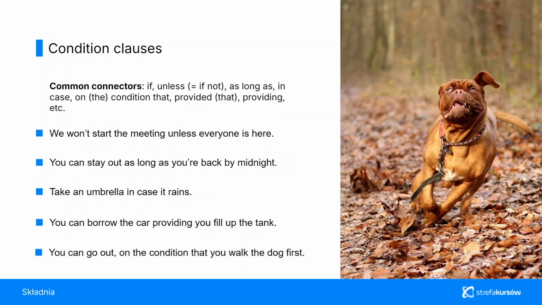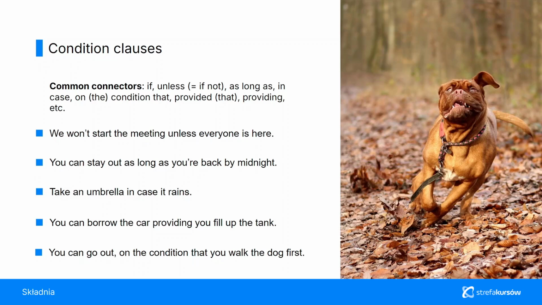Condition clauses express conditions under which the action in the main clause will happen, and the most common conjunctions for condition clauses are if and unless. So really, you might think these are just conditional sentences, and if you thought so, you are completely right, because this is what it is. These are conditionals.